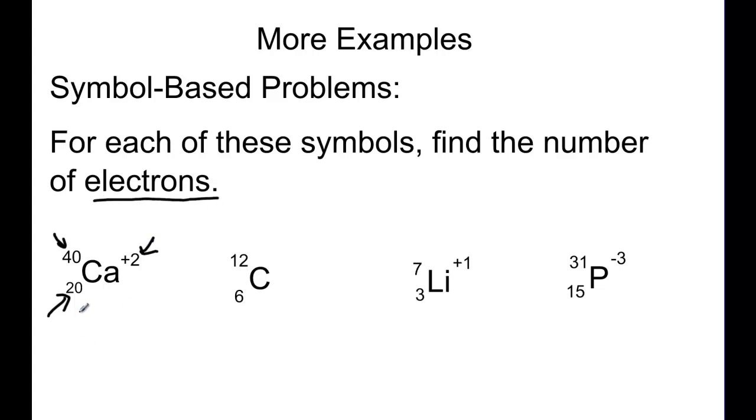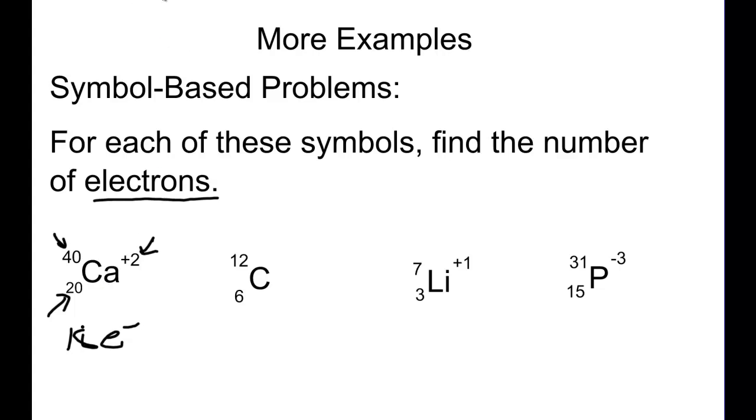Okay, so if I have 20 protons and a +2 charge, try and think of it as I have 2 more pluses than I have negatives. So I have 2 more protons than I have electrons. So I have 18 electrons.